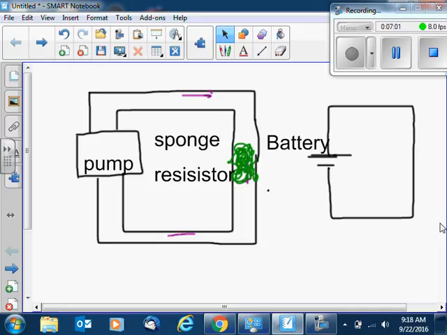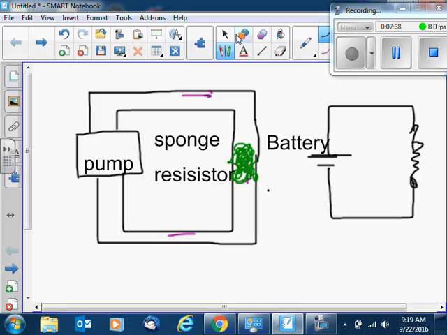So we do need a resistor. So I'm going to go ahead and add a resistor right now. I'm going to erase this. And now I'm going to grab myself a pen and here's my resistor.